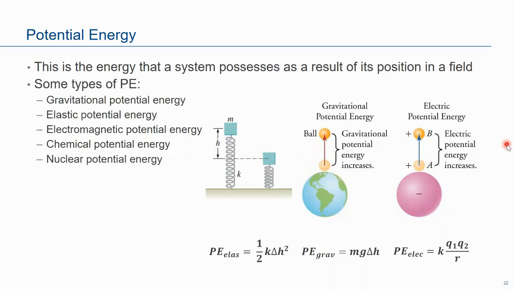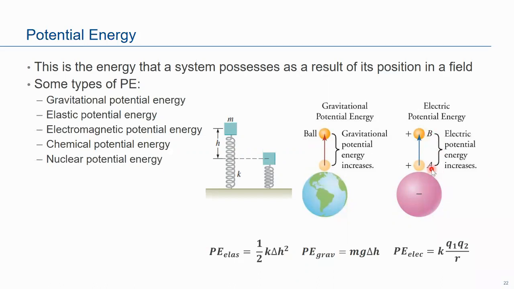Now for electric potential energy, so let's say you have a point charge, tapos negative yung charge na yun. And you have another test charge, which is a positively charged particle, like a proton. So if you take that positive charge away from the field of negative charges, tumataas yung electric potential energy kasi there exists a natural attraction between the positive and the negative charges.